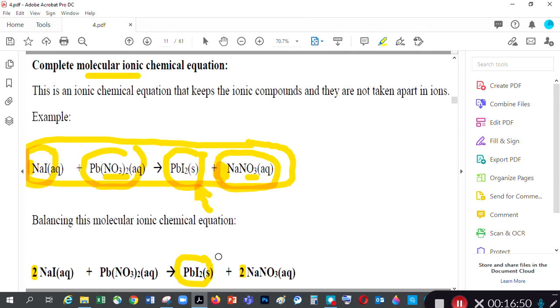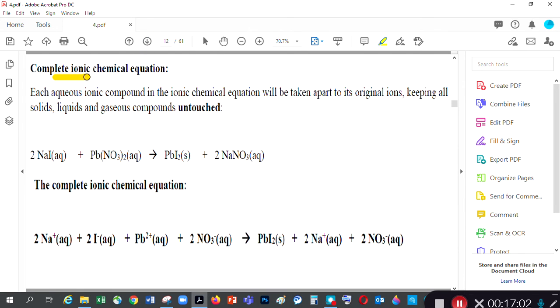So the next is the complete ionic equation, not molecular, but ionic. So take the molecular word out. This is the key here. This was one unit. Now we are taking all those compounds into their corresponding ions, correct?